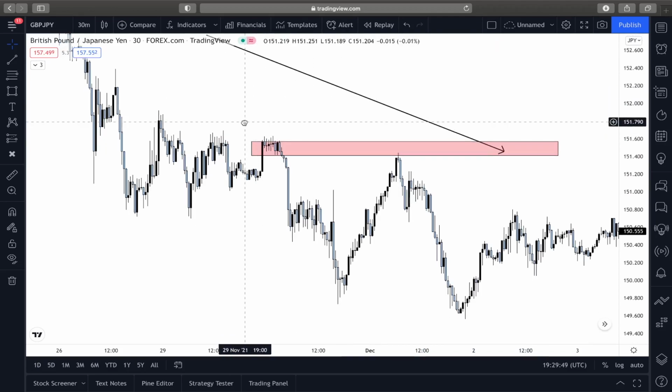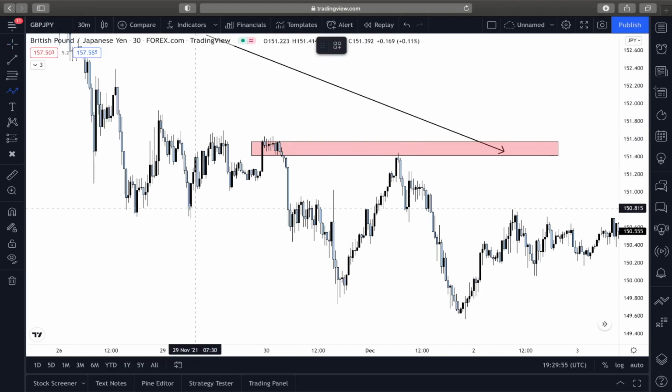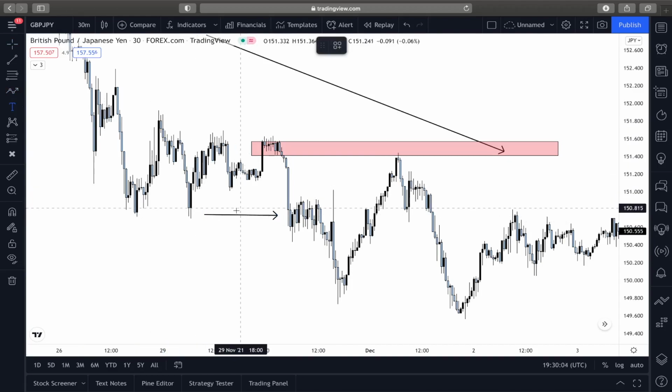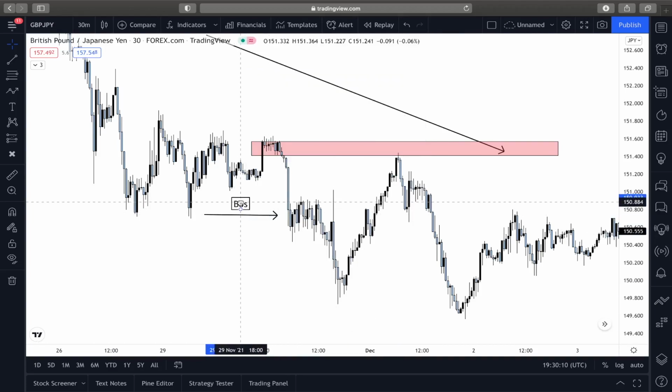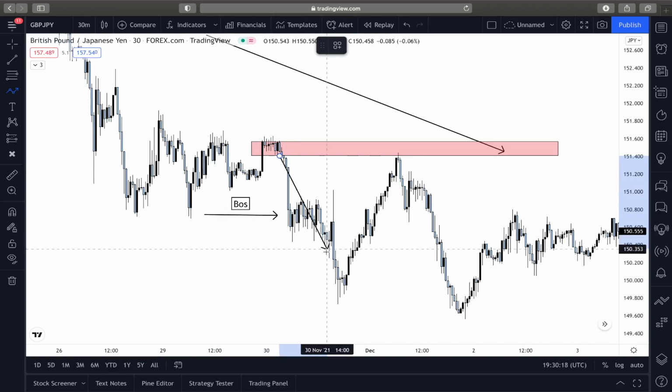You want to look for that and a break of previous structure, which is right here, on a nice solid break of this low to make a new lower low, right? And it came down here.